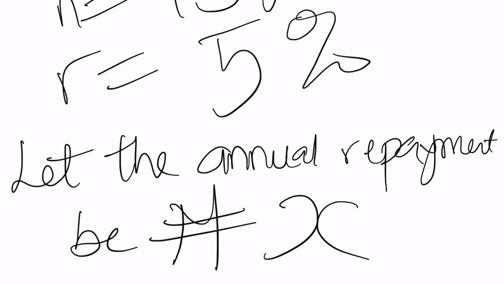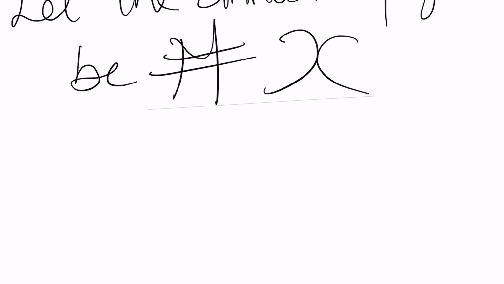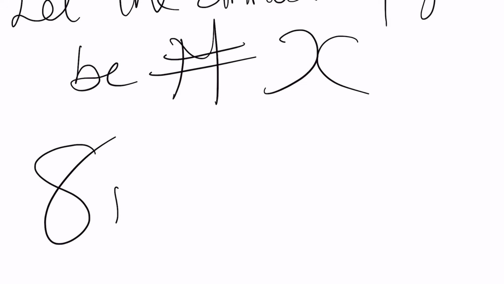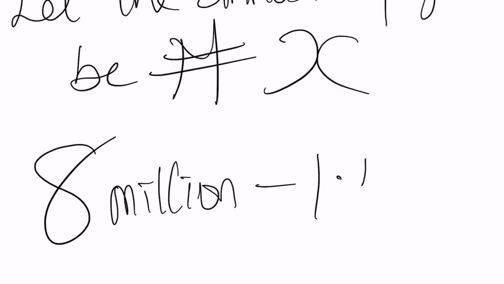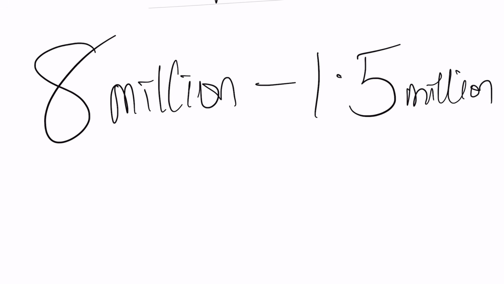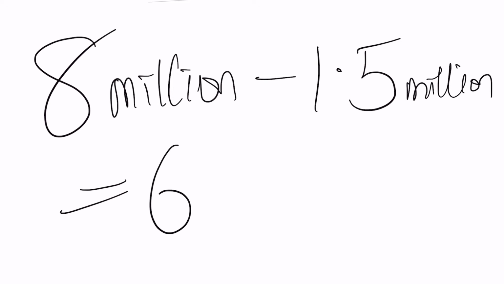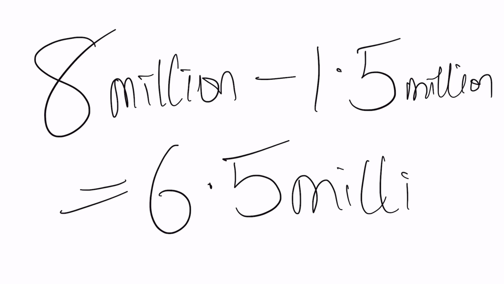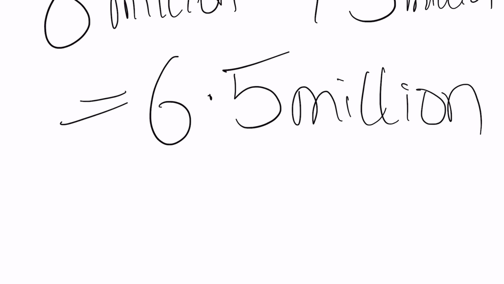Now, if she paid down 1.5 million, basically how much is left? We have it now to be 8 million minus 1.5 million. So we have it to be 6.5 million.